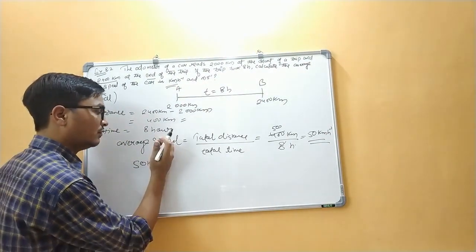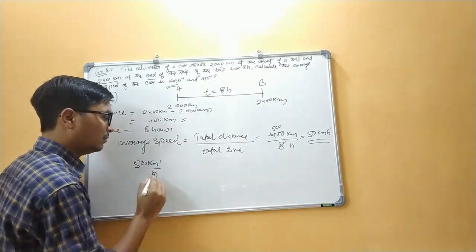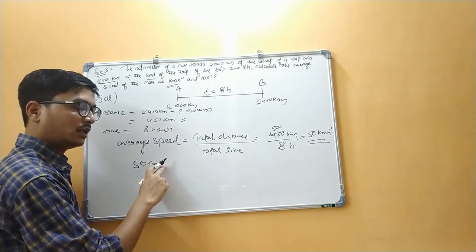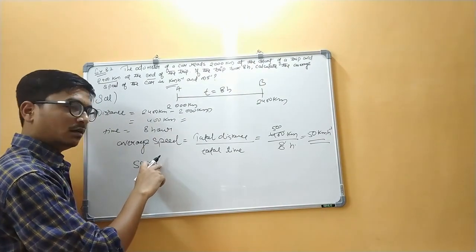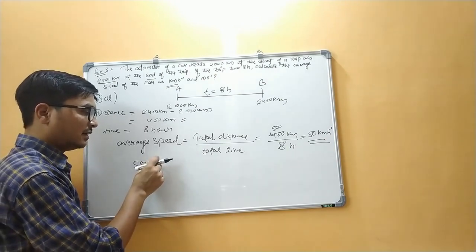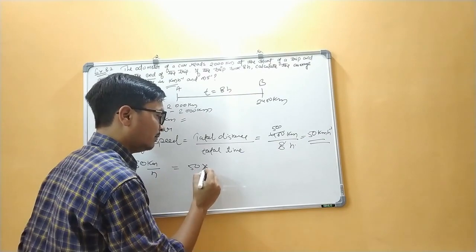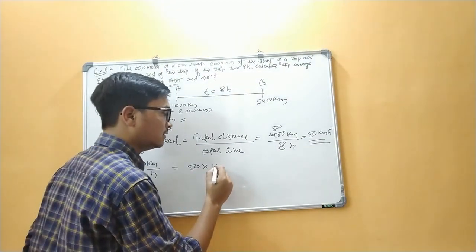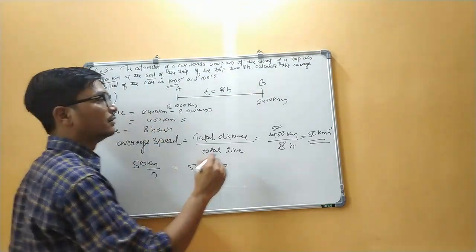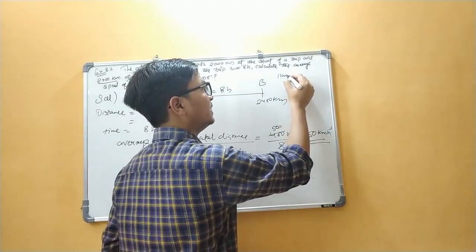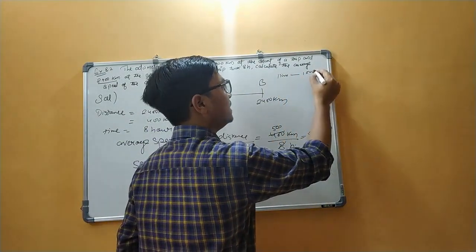So how will this be converted? Kilometer per hour. When I convert kilometer to meter, this is the higher value and we have to come to the lower value, which means I have to multiply with 1000, because in 1 kilometer we have 1000 meters.